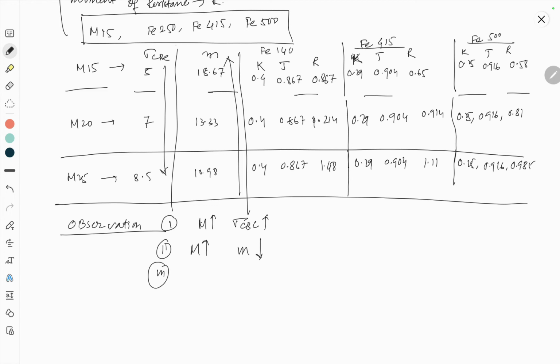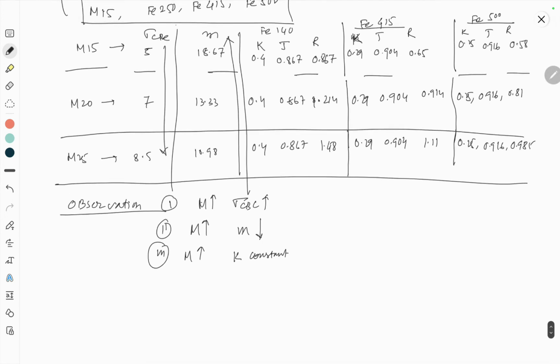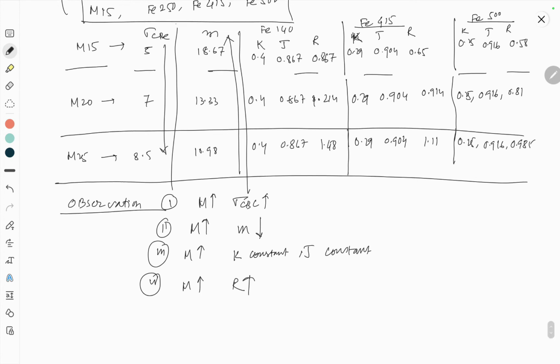Number 3, as the grade of concrete increases, the k value is constant as well as the j value is constant. Number 4, as the grade of concrete increases, the R value always increases.